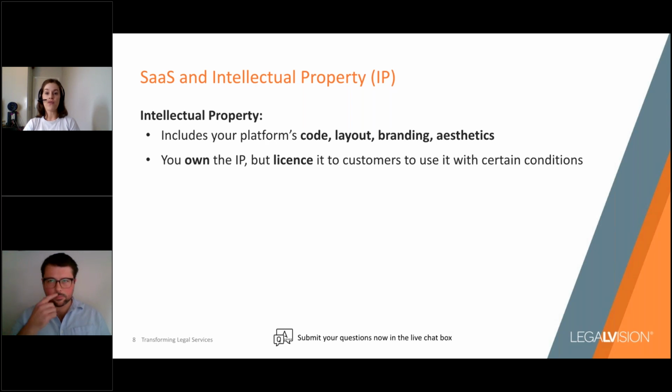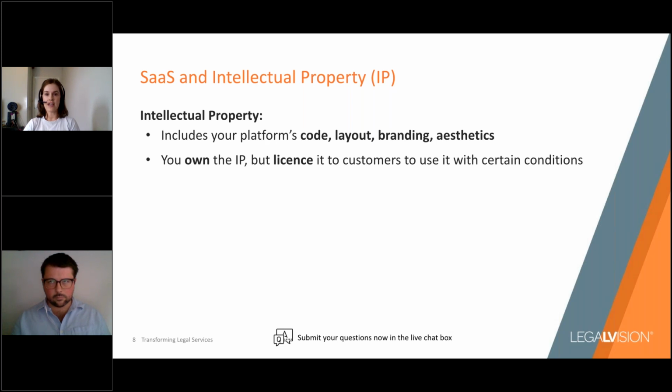So, for example, only on the condition that they pay the fees, only on the condition that they only let their staff or authorized users use the platform. They don't let outsiders use the platform. Only on the condition that they don't interfere with your platform, and on the condition that they don't try to resell the platform or do anything to breach any of your terms and conditions.